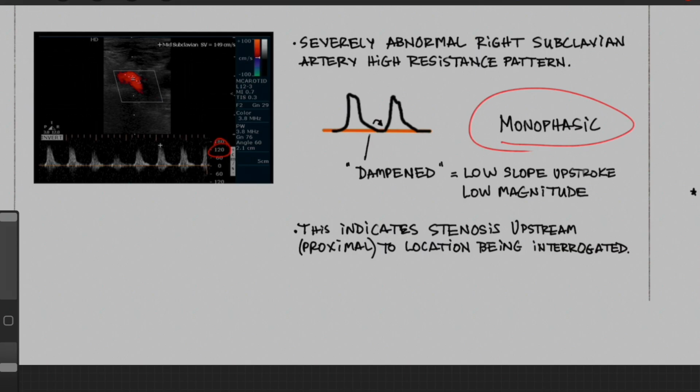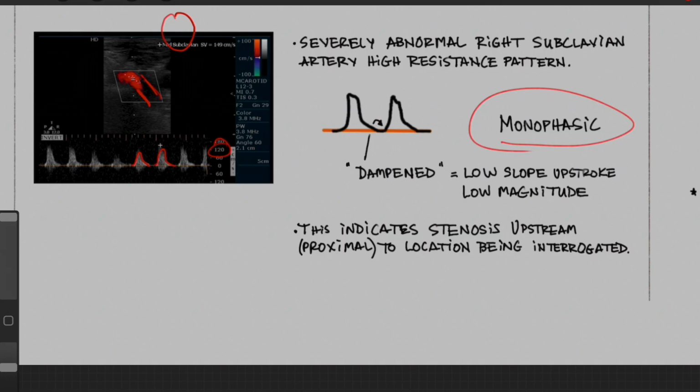And that's the indicator that there's a major stenosis upstream of the place you're interrogating. So this is the parvus et tardus concept. It kind of goes up slowly. It's kind of curvy. It's not as sharp of an upstroke. Very super abnormal.